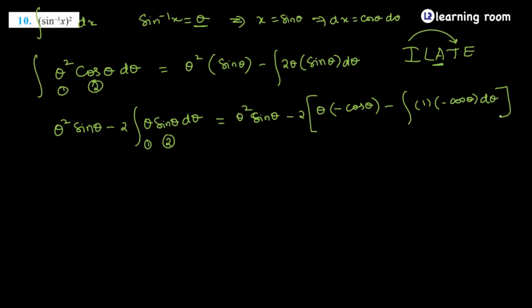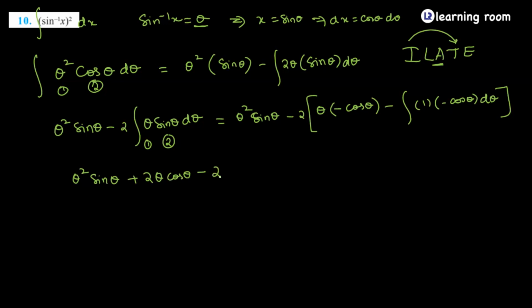And if you observe, we are done with it. So answer is going to be theta square sin theta minus of minus is plus. So plus 2 times theta into cos theta, minus into minus plus into minus, again a minus. So you will have minus 2 times. The only thing is I need to find the integral of cos theta.